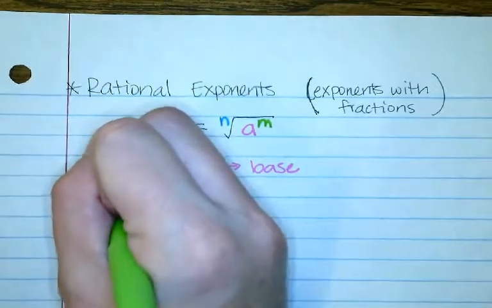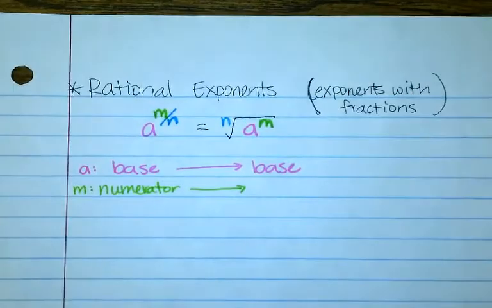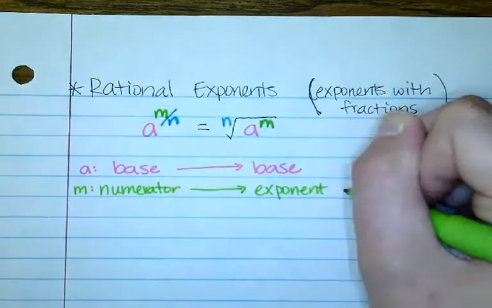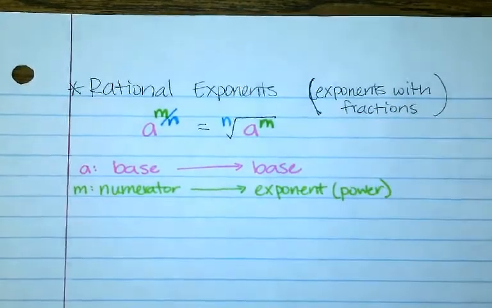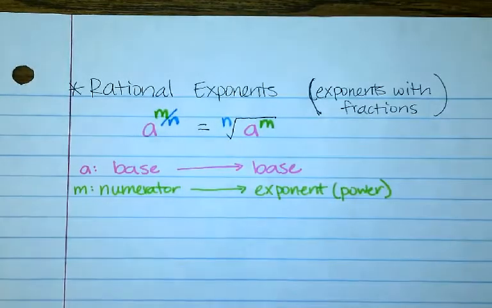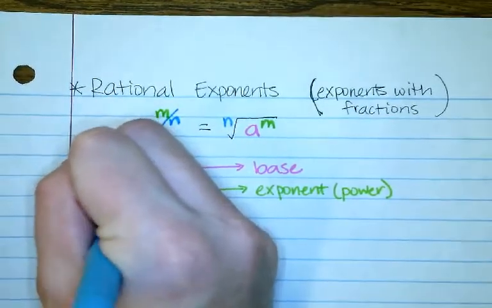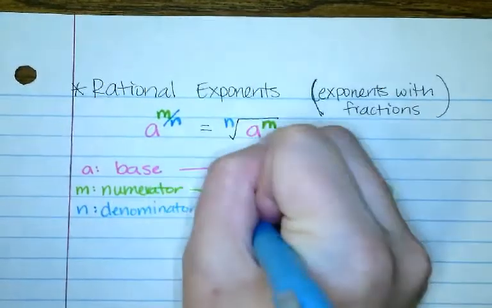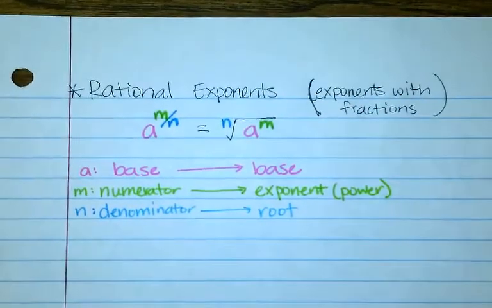And when we go to our radical form, this represents our exponent, or sometimes we like to say the power. All right, guys? And then the n here is going to be your denominator. And that will become the root of your radical.